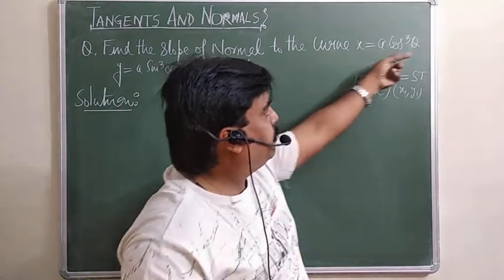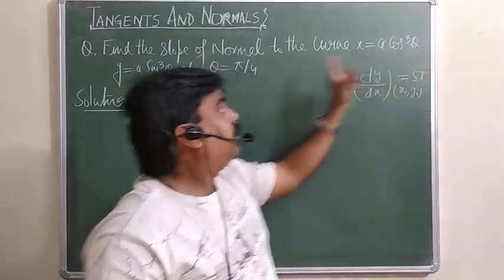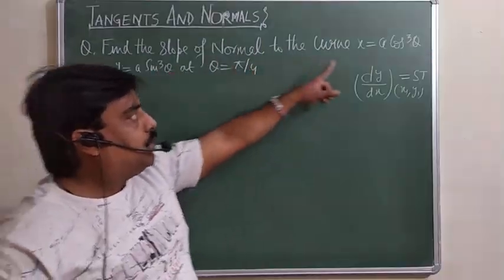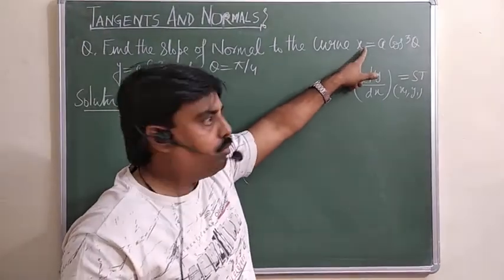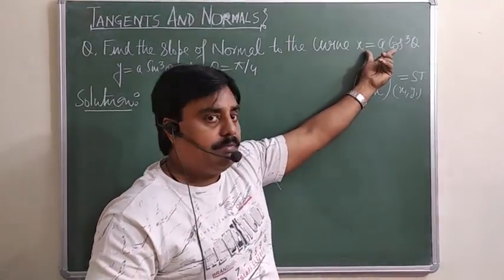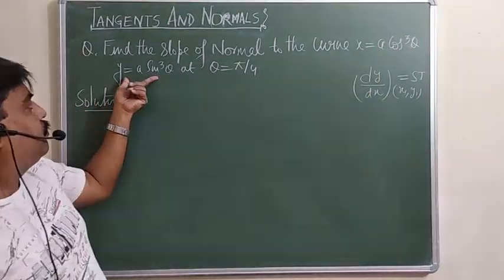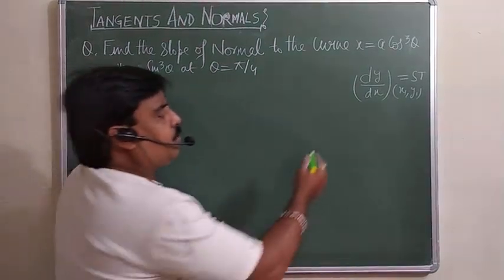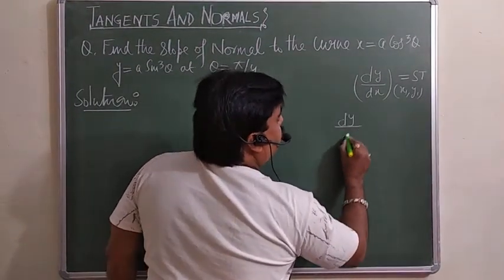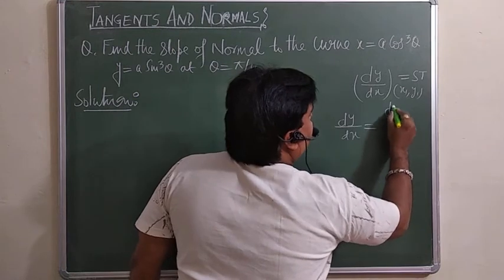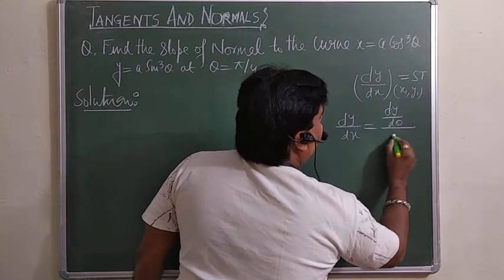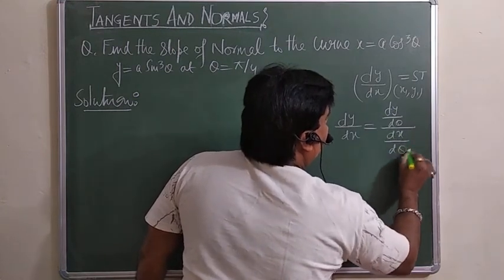But here x is given in terms of theta, and y is given in terms of theta. So you have to find the derivative of x with respect to theta and the derivative of y with respect to theta. Then you can find dy over dx, that is, dy over d theta divided by dx over d theta. So look here now.